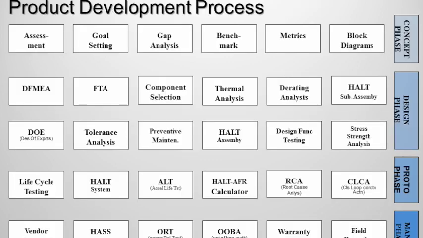So let's look at what might be a typical product development process. Typically, it might be broken down into 4 main sections: concept phase, the design phase, a prototyping phase, and a manufacturing phase, or transferring into manufacturing. And there's a lot of tools that can be used.